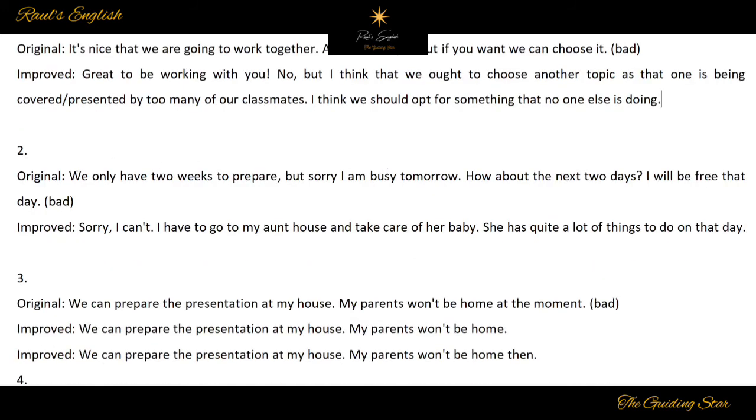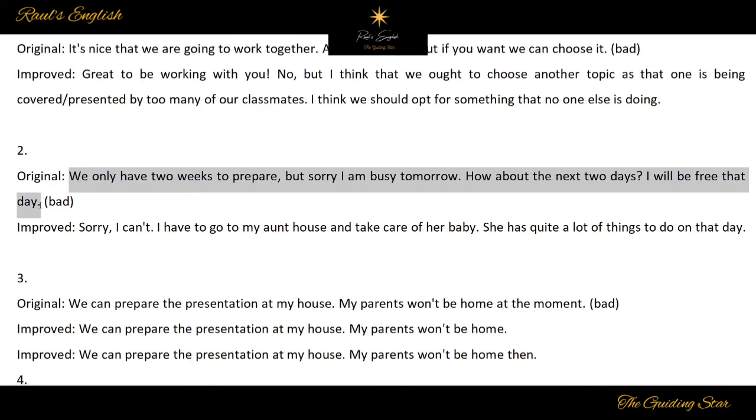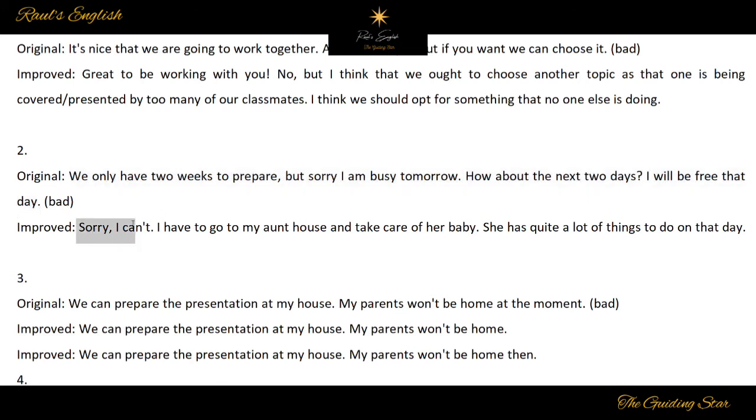Number two, the original sentence somebody wrote was, we only have 2 weeks to prepare, but I'm sorry I'm busy tomorrow. How about the next 2 days? I will be free that day. Here you're talking about the next 2 days, but suddenly it becomes one day. That specific day, only one day. So instead of using so many words and getting nowhere, say: sorry, I can't.